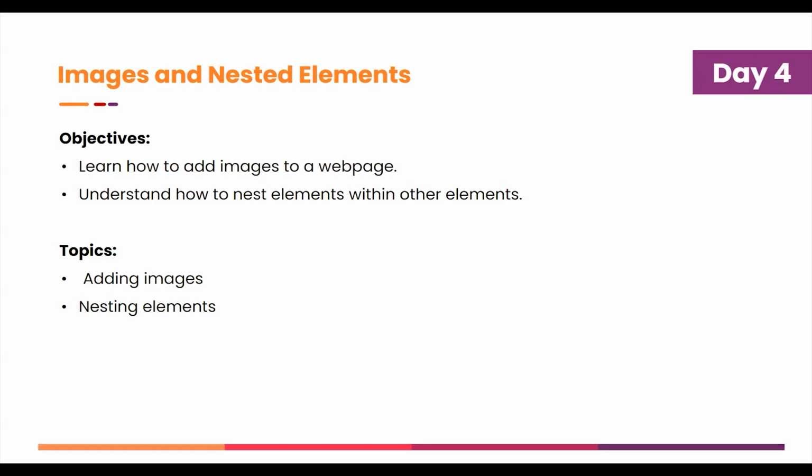When I say an image can speak 1,000 words, one image can tell us a lot about what is going on. So it's always important to be able to include images in your web pages. So you're going to see how we can do that. You've already seen the IMG tag, that's the image tag, but we are now going to talk about it in detail. And then you're going to look at how we can also do nested elements. What it means is adding a tag within a tag, that's nested. That's what we mean by nested. So we've seen a little bit of that, but we are now going to talk about it as a whole topic on its own.